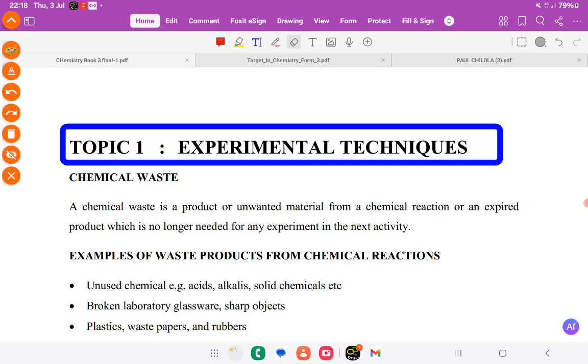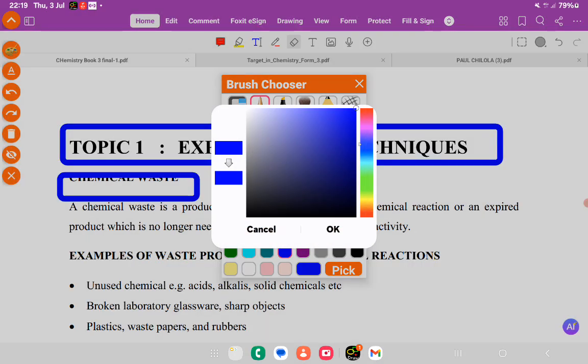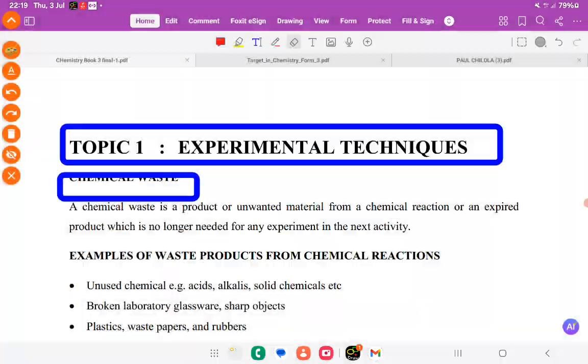Welcome once again. The first topic in the MSCE chemistry is experimental techniques, and we are going to be looking at a subtopic called chemical waste. Your syllabus requires you to be able to define a chemical waste.